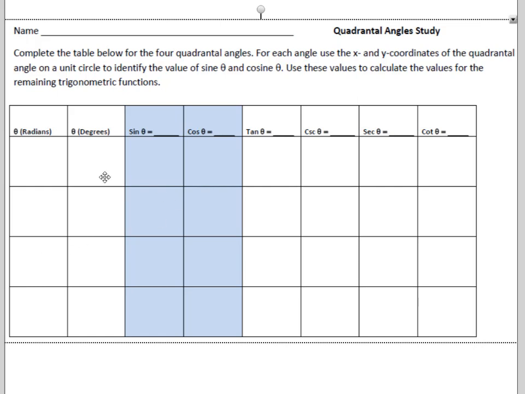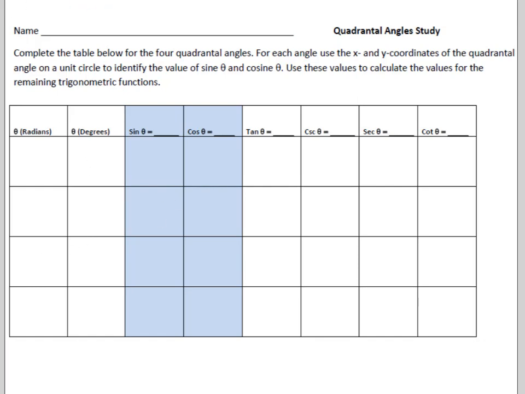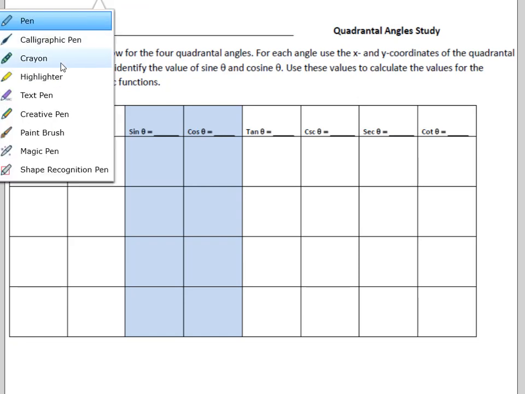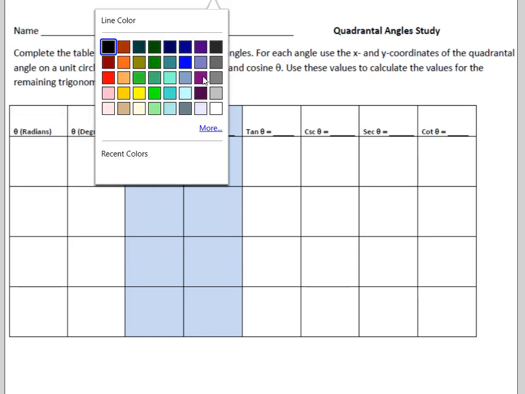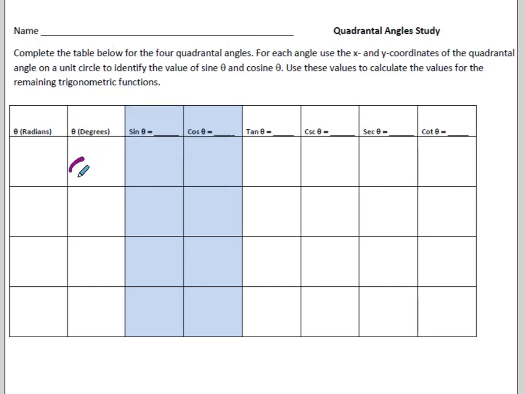So in degrees, those would be 0 degrees, 90 degrees, 180 degrees, and 270 degrees. Okay.